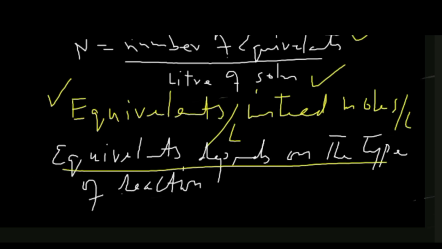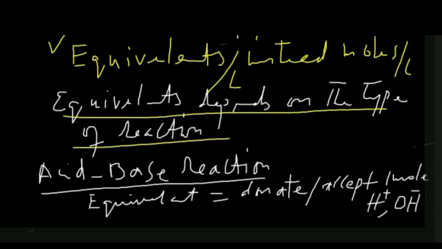The equivalence depends on the type of reaction. In an acid-base reaction, one equivalent is equal to the amount that donates or accepts 1 mole of hydrogen ion or hydroxyl ion.